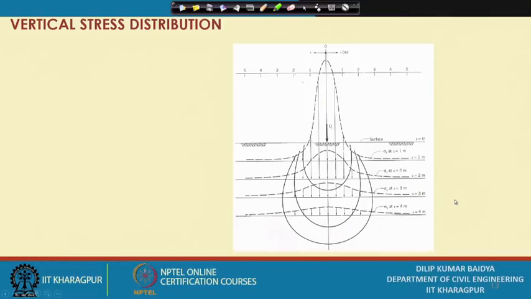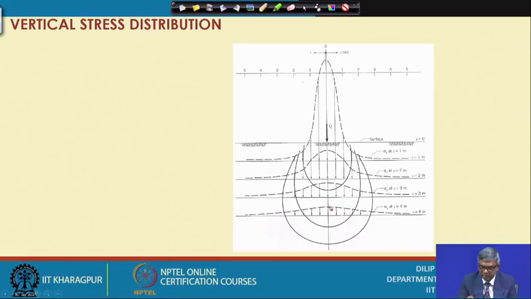Since I can see now, I can go back to this previous one, and these are the stress distributions. Actually, this is a stress distribution at some depth, this is a stress distribution at some depth, and this is the stress distribution at some depth, like that.